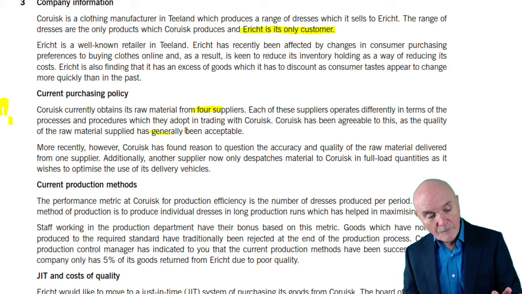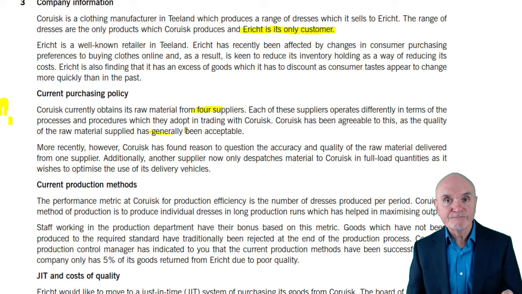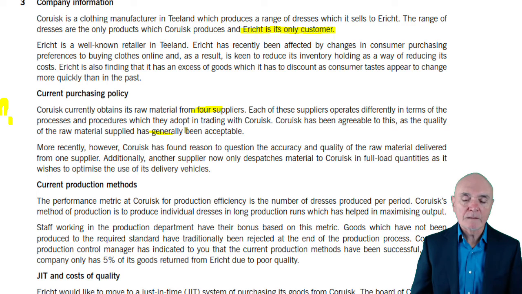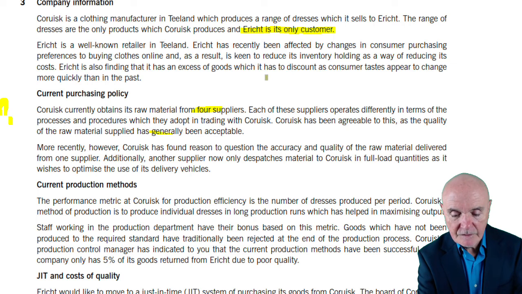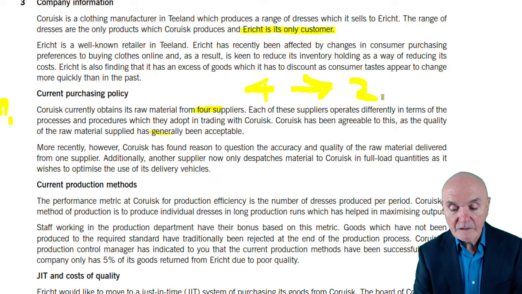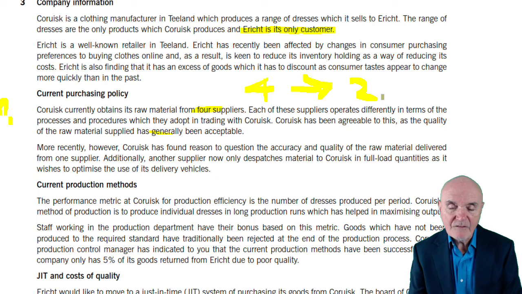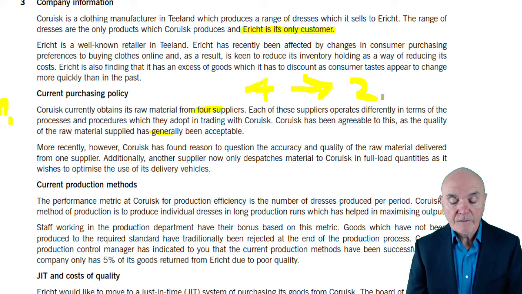So it seems to me it's got 4 suppliers, and 2 have become not so great: poor quality, and insisting that CORUSC buys a lot of raw material at a time. So I wonder if there's anything to be said here for going, maybe at some point, simplifying things for 2 to 1. Do we really need to have 4 suppliers with their different procedures and so on?